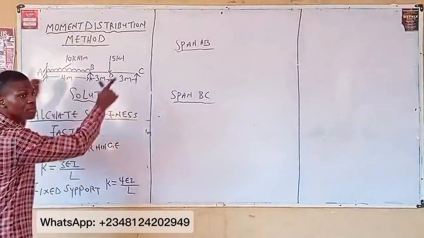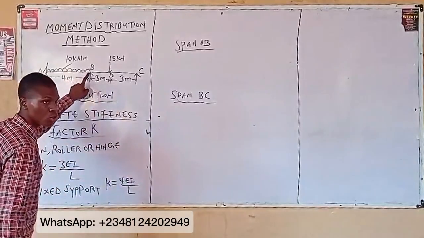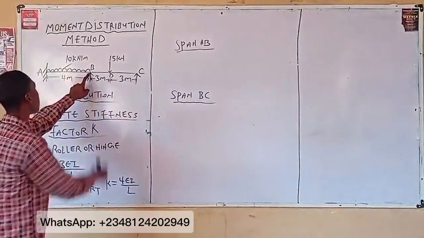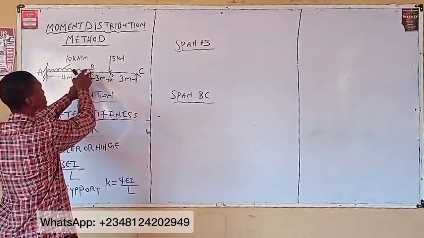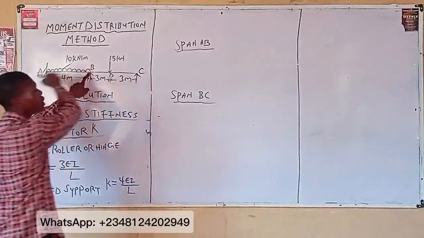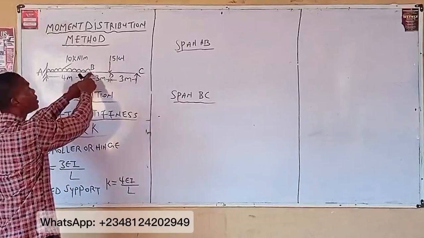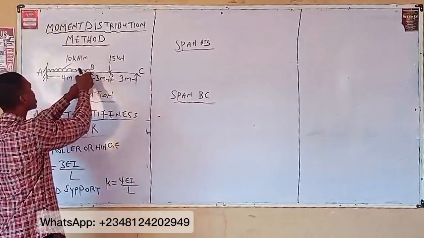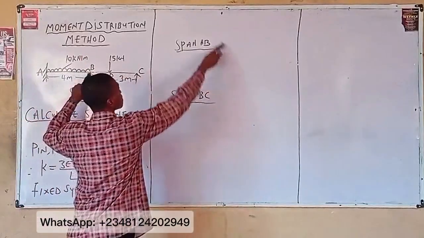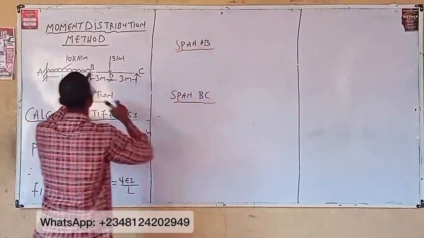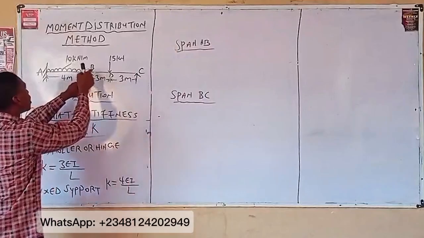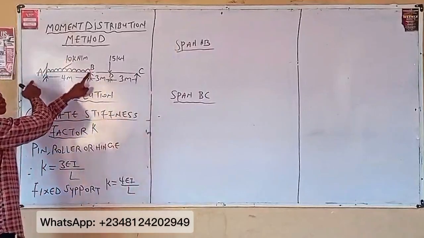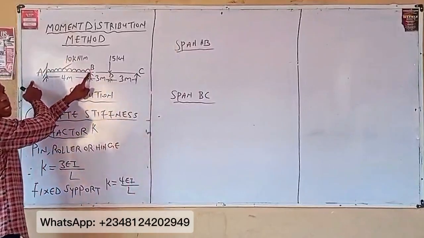Your beam, the given beam, go back to the middle. From this place, you have span BC and span BA. Say you're on point B. Let's have the stiffness factor of span AB first. Say you're on point B to A. On getting to A, what type of support do you have?